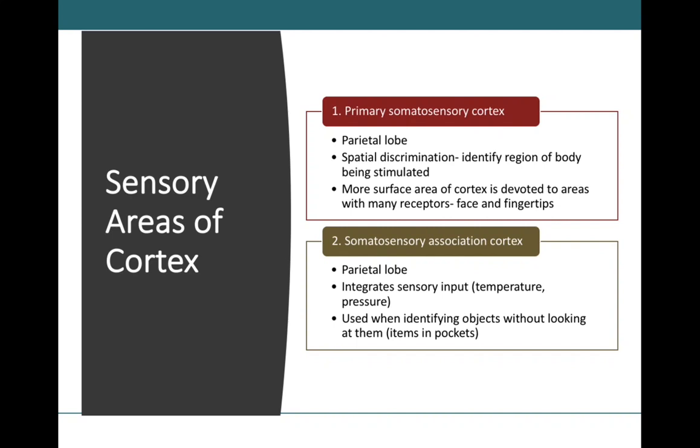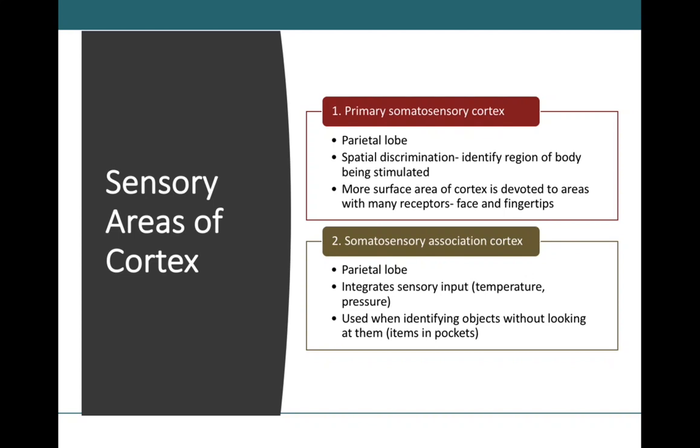And the primary somatosensory cortex helps us to understand where on our bodies we are being touched. So if you were to close your eyes and somebody was to touch your shoulder, the specific region of the primary somatosensory cortex that is associated with the shoulder would light up. So the primary somatosensory cortex helps us to understand which part of our body is being stimulated.